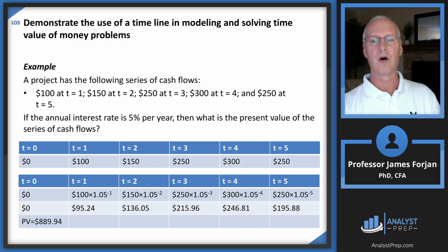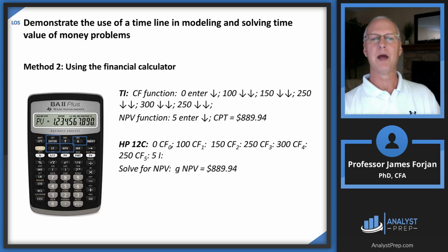This is the long way to do it. And interestingly enough, on an exam, if the time period is 2 years or 3 years, there's probably not much time saved by doing it in a shortcut. But 5 years or 10 years or even 100 years, oh boy, then that takes a long, long time. So if you sum those individual present values, you get $889.94.